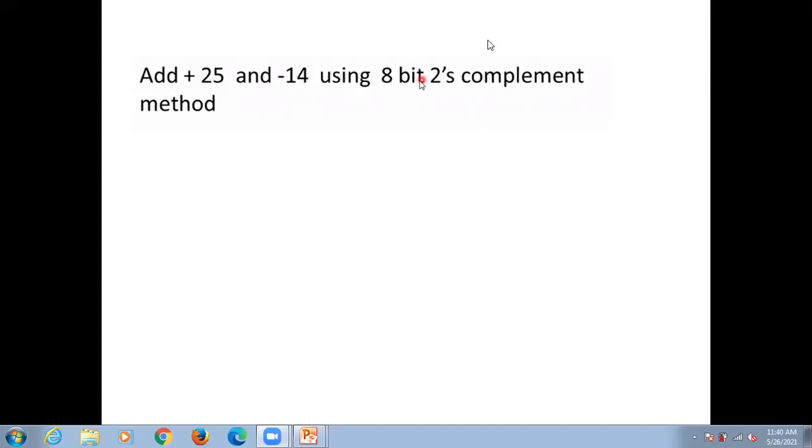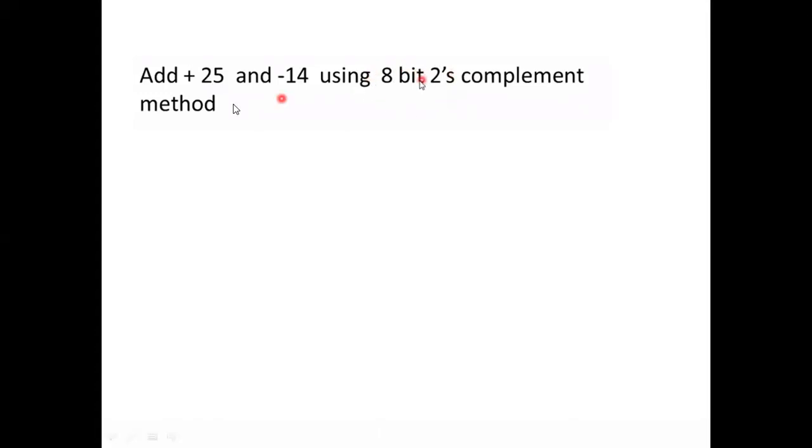What is meant by 8-bit? Each number is represented in 8 bits. That means plus 25 is represented in 8 bits and minus 14 is also represented in 8 bits.